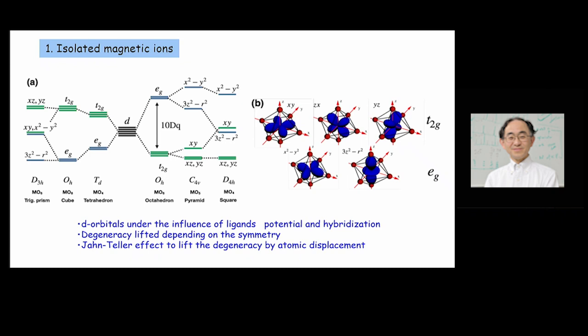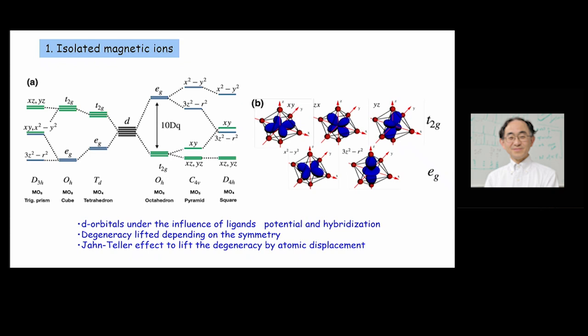So this is an irreducible representation of the point group symmetry of that cluster. So then there are 2-fold eg orbitals and 3-fold t2g orbitals. So neglecting the spin degrees of freedom, just the orbital, right? So this is a cartoon for the wave function, for this t2g orbital, xy, yz, and zx, right? So most of the wave function is pointing somehow away from the oxygen.